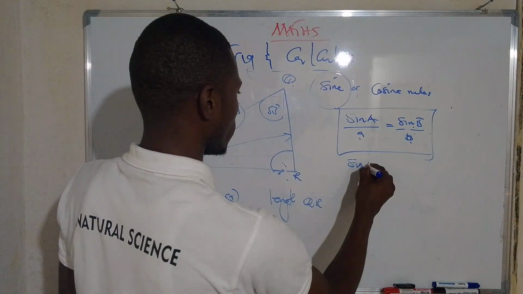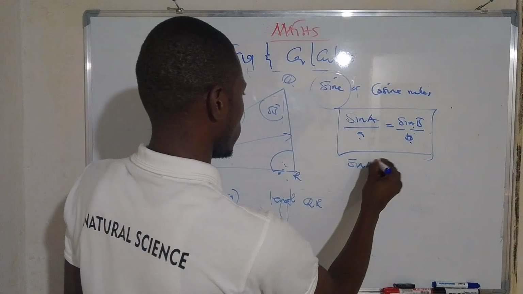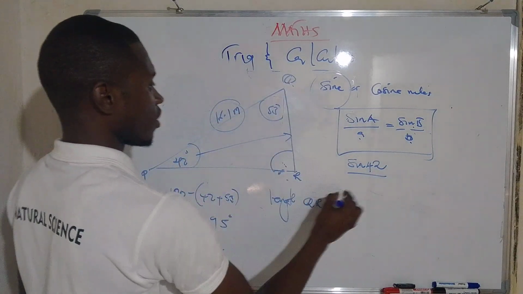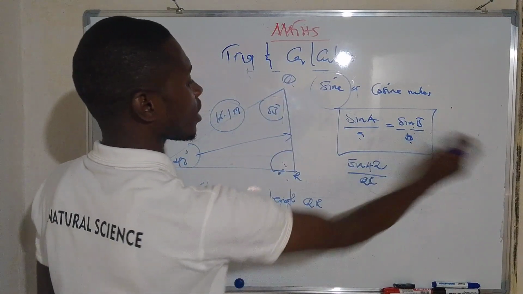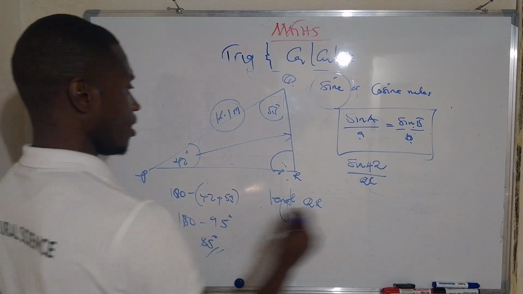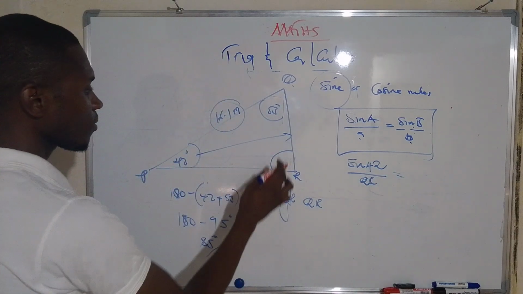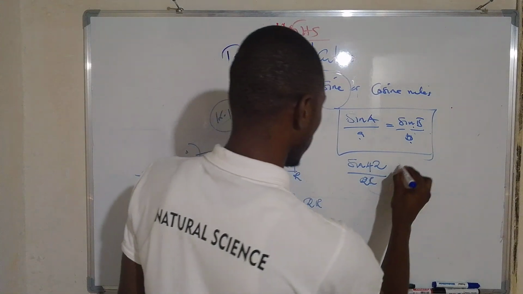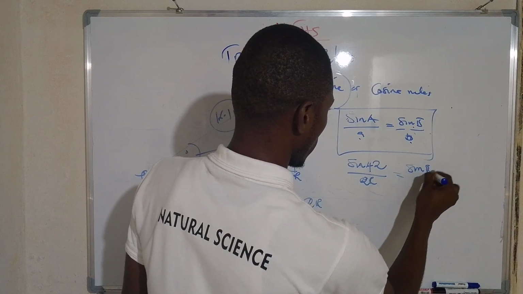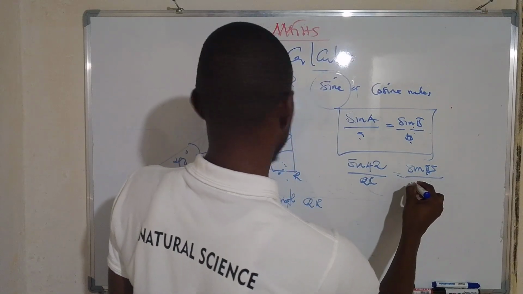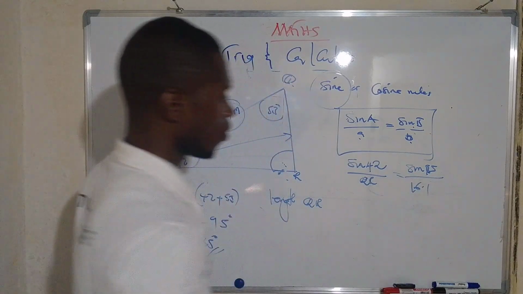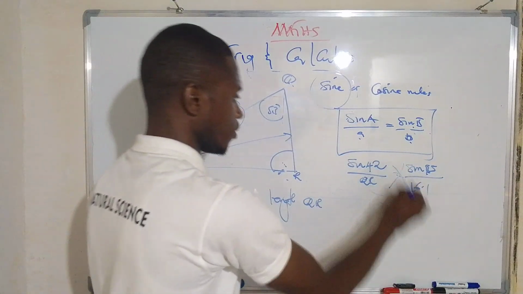sine 42 over QR, or this one comes the other way around, is equal to sine 85 over 16.1. Then you cross multiply.